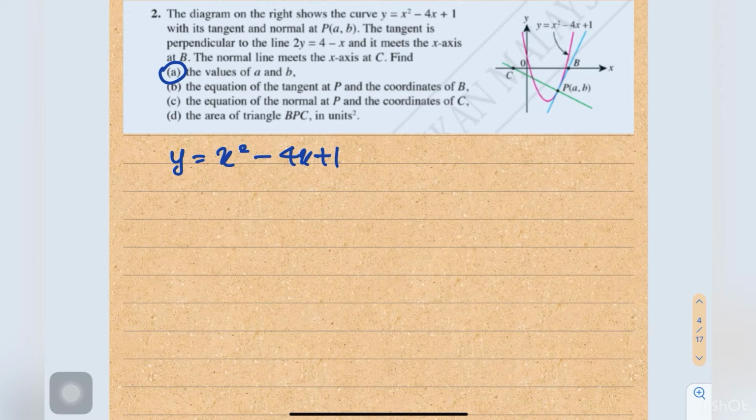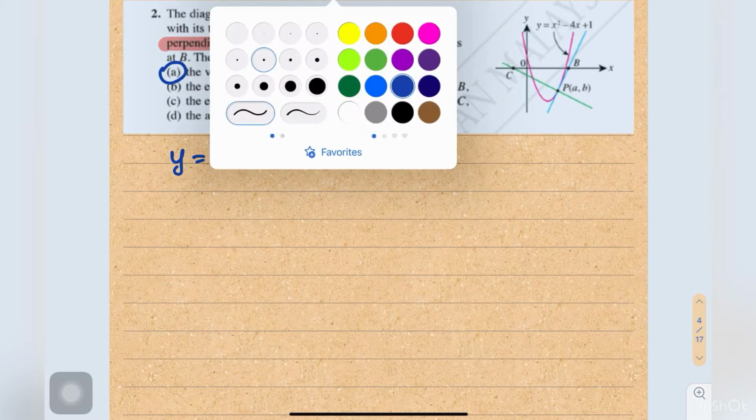And the green straight line is a normal at point P. So now given here tangent perpendicular to this line, meaning that there is another straight line perpendicular to the tangent, the blue straight line, so therefore here we have another straight line.